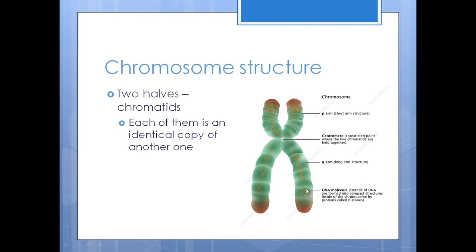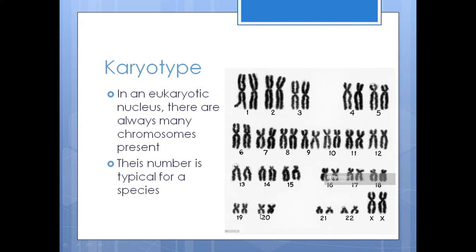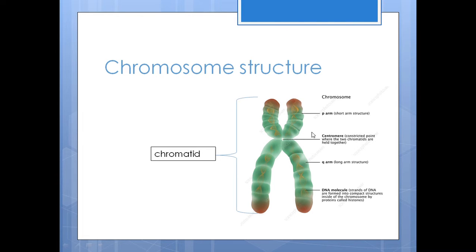Such one half of a chromosome is called a chromatid. This is one chromatid, and this is another one. So half of a chromosome is a chromatid, and the place they are connected together is called a centromere.